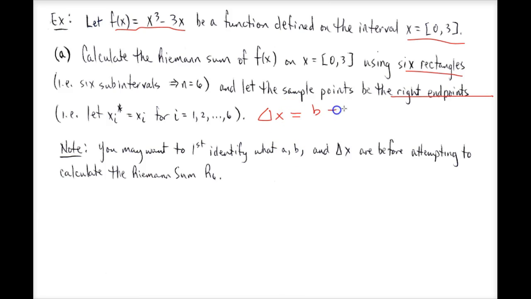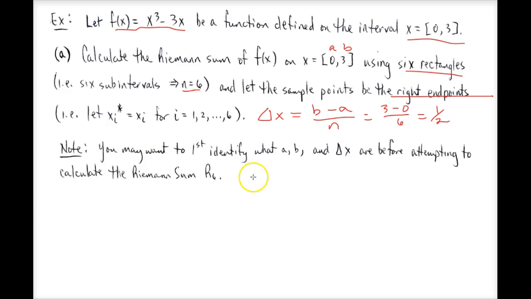Our delta x is b minus a over n, where a is 0, b is 3, and our n here is 6. So that will just be 3 minus 0 divided by 6, which is just 1/2.